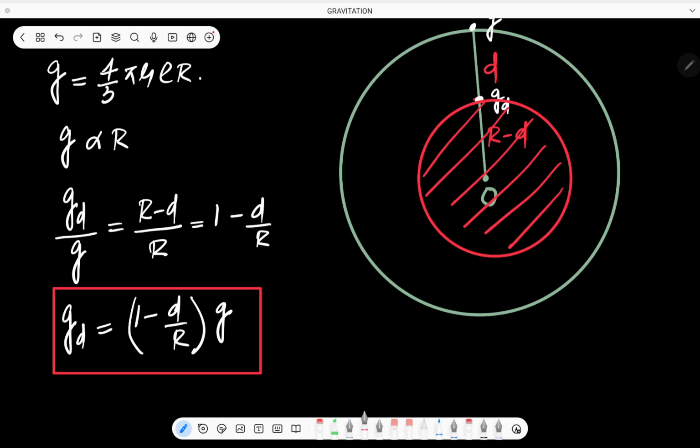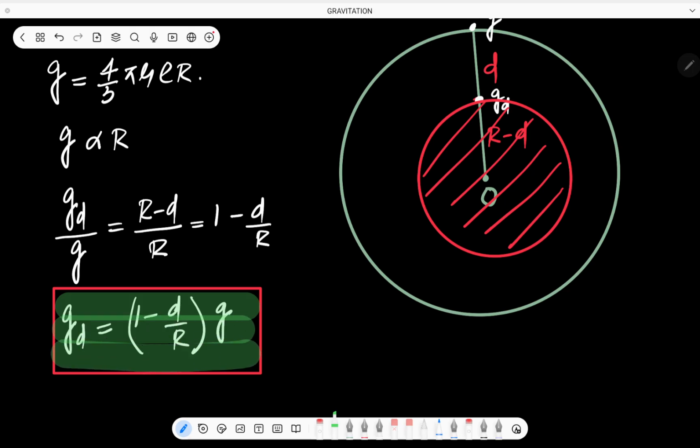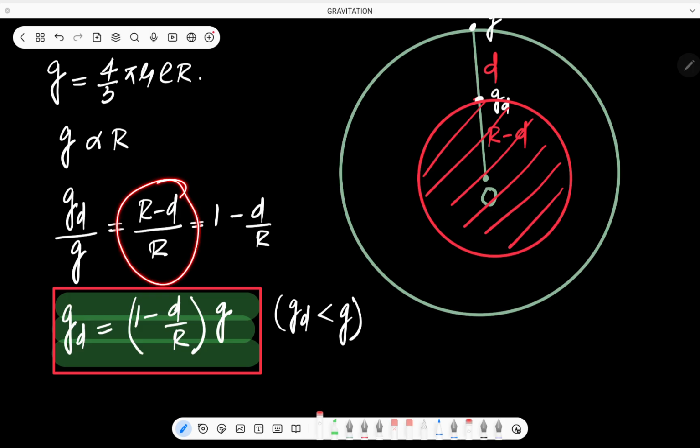This is acceleration due to gravity at depth d, which is (1 − d/r) multiplied by g. Again see that the acceleration due to gravity at depth d, gd, is less than the acceleration due to gravity g. अगर आप इस इक्वेशन पे फोकस करोगे, the numerator is less than the denominator, which in turn implies that this gd is less than g.